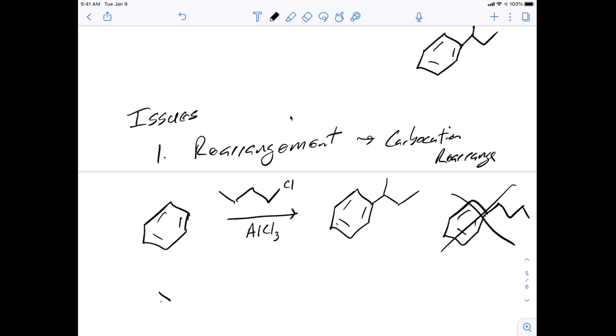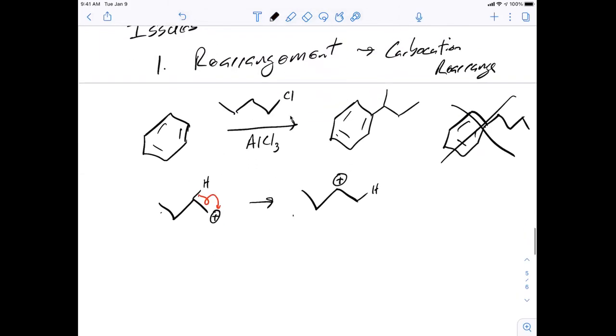The reason is that once I form this primary carbocation, I'm going to get a rearrangement. And I learned to put squiggly lines, but all that means is I'm moving that bond. By moving that bond, I've put the carbocation at the second carbon. So this is the reactive carbocation.